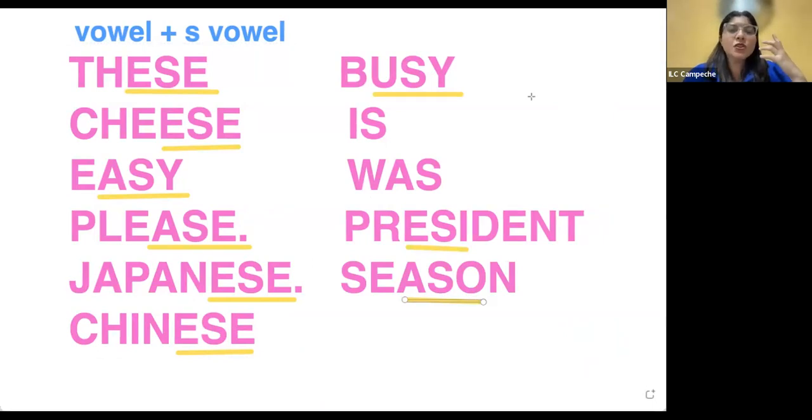So if you pay attention to your listenings, to your books, to the movies and songs, or the reels you watch in English, if you like to be on TikTok as well, follow people who are native English speakers, and you'll notice this. These, cheese, easy, please, Japanese, Chinese, busy, is, was, president, season.